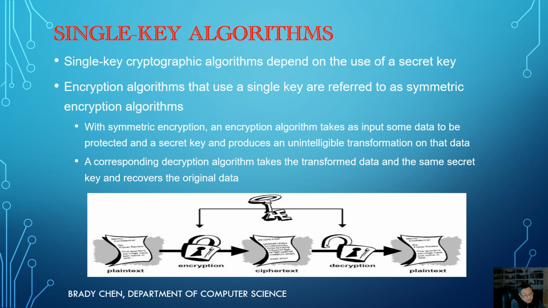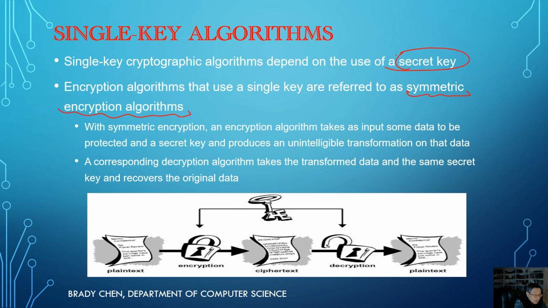Now let's discuss the second category, the single key algorithms. Single key cryptographic algorithms depend on the use of a secret key. These encryption algorithms that use a single key are typically referred to as symmetric encryption algorithms.